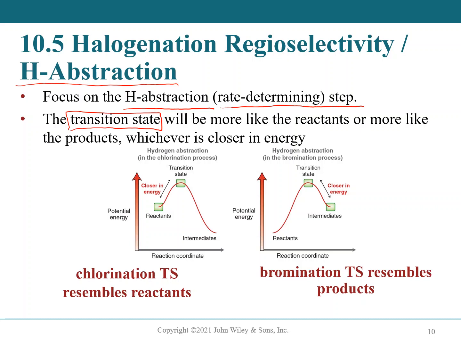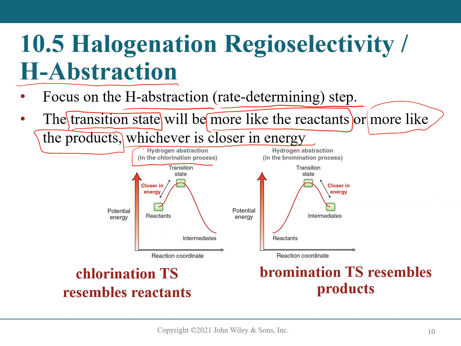Is the transition state more like the reactants, or is the transition state more like the products? You determine that by looking at the energy of each of these. So if we take another look at the first part of our overall reaction energy diagram, we're still focused here on the hydrogen abstraction.